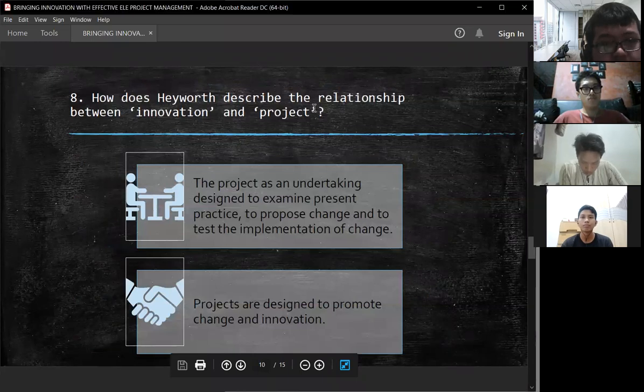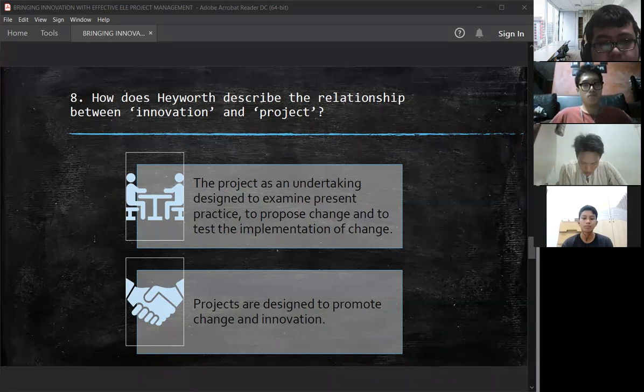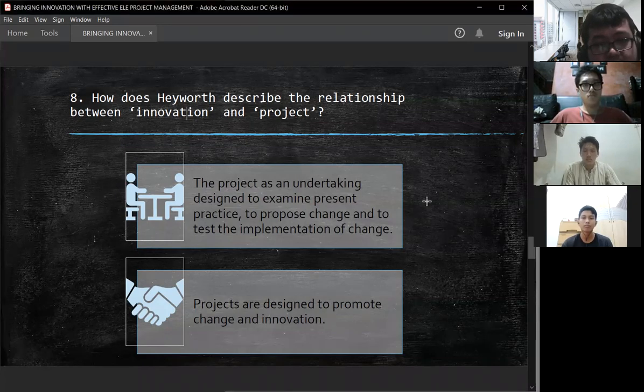Next one is how does Hayward describe the relationship between innovation and project? First we must know how Hayward described project.